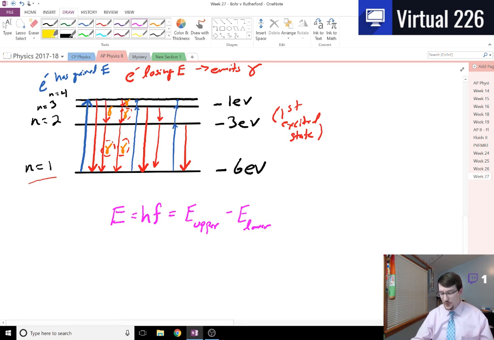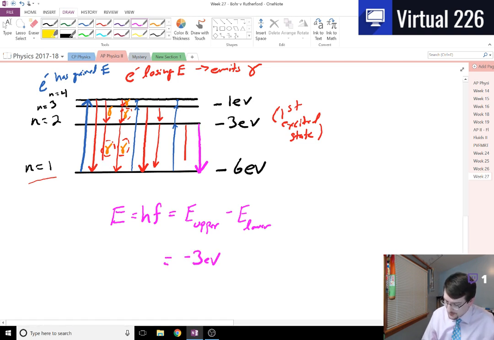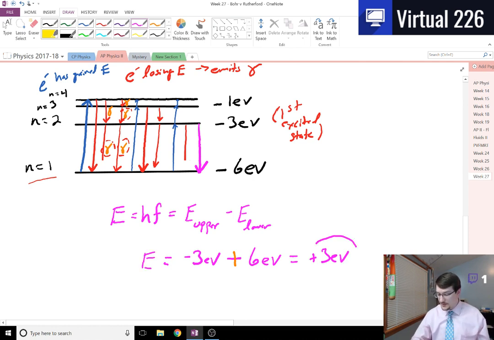When we think about going down, going from the n equals 2 to n equals 1 state, we are emitting a photon. So when we do upper minus lower here, what we have is -3 electron volts minus a negative, that's where we get this positive here, 6 electron volts. And when we do that, we end up getting a +3 electron volts out of that. And that is the energy of the photon emitted.